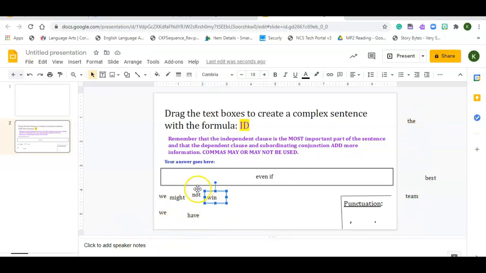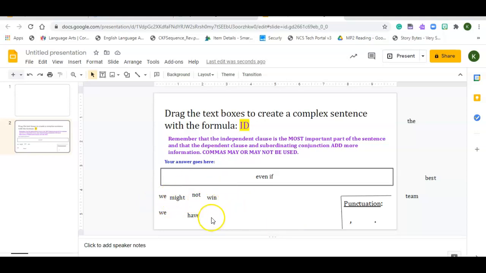So once I have my subjects and my verbs in order and I know what my subordinating conjunction means, what its purpose is, then the rest of the words you should probably be able to fit with these sentences, okay? So we might not win. So we might not win the best team. We might not win team. We might not win best.